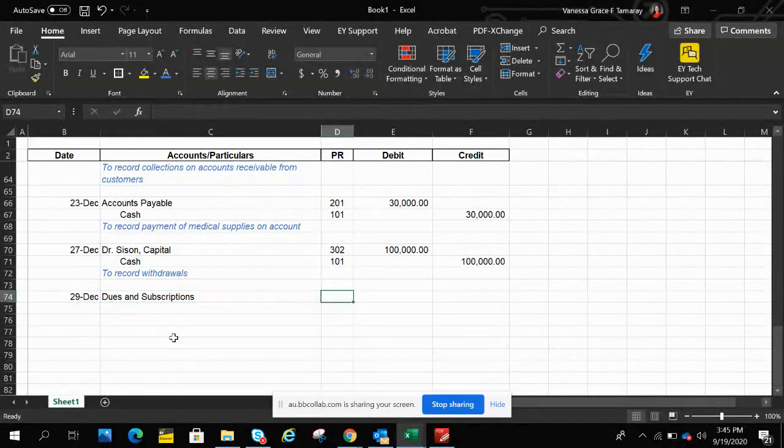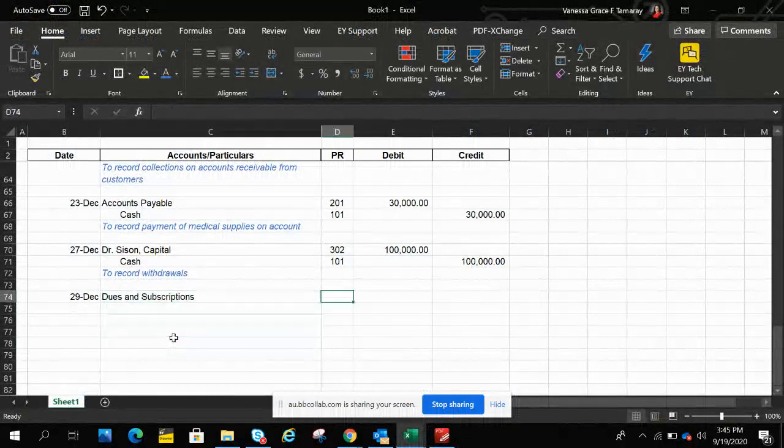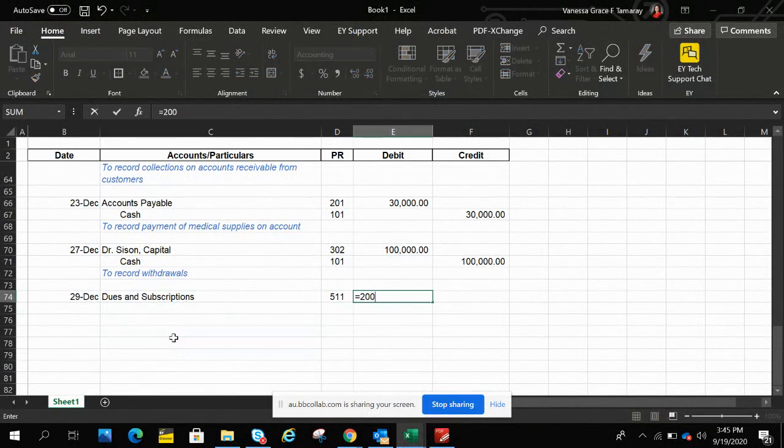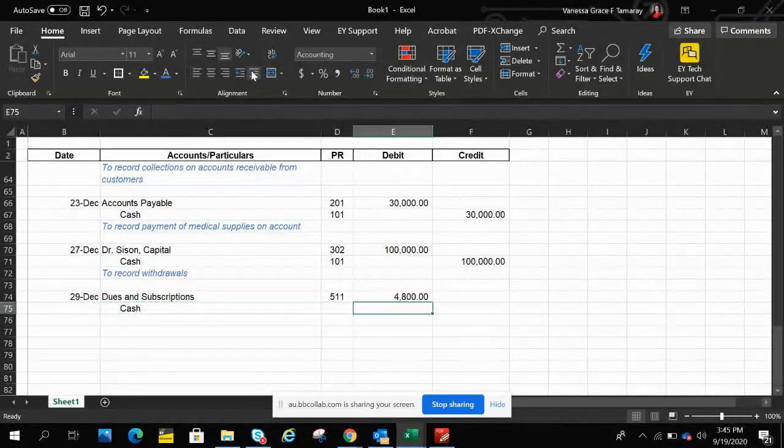Dues and subscriptions, 511, 4,800. So, 2,000 plus 2,800. Then credit, bayad daw tayo, cash. 101.